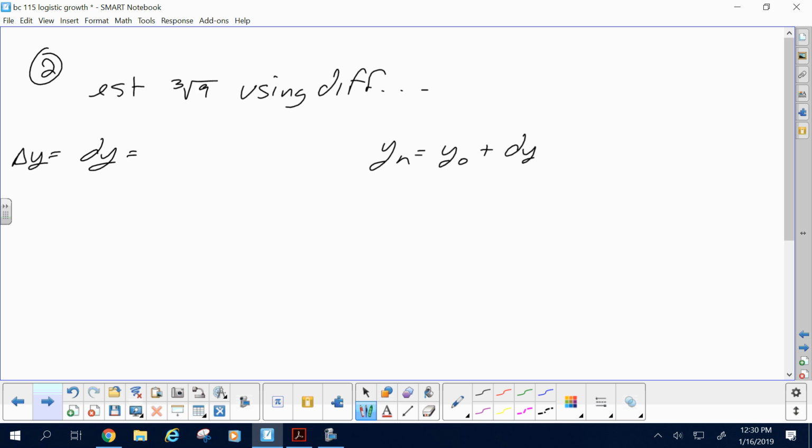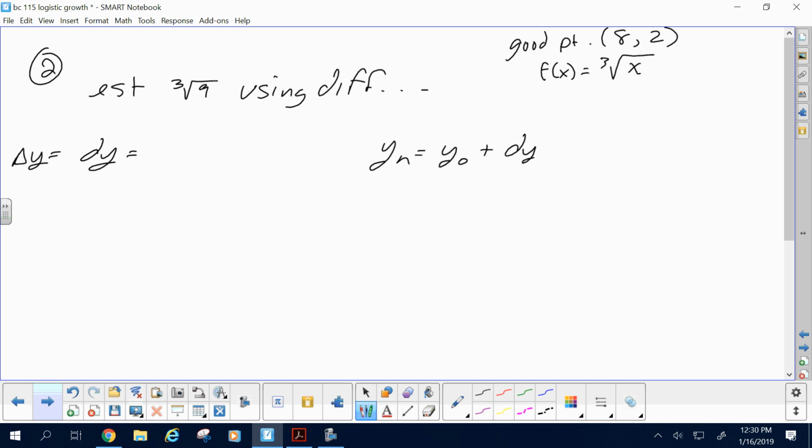In my mind, I would start with identifying what's the good point and what's the function. The function is the cube root function, and the good point is when 8 goes in for x, 2 comes out for y. So have clear in your head what the x and the y are and what the function is. It's a lot like finding a tangent line.